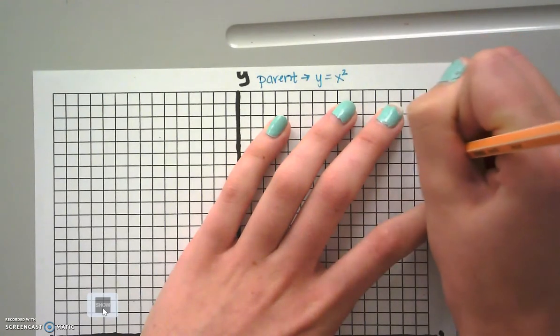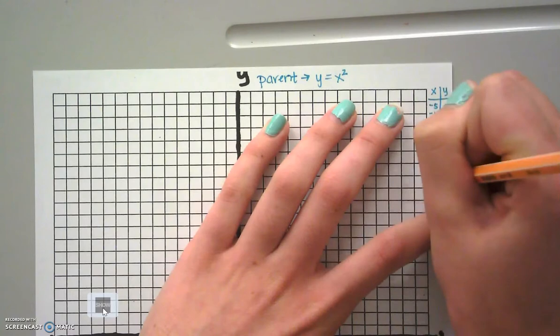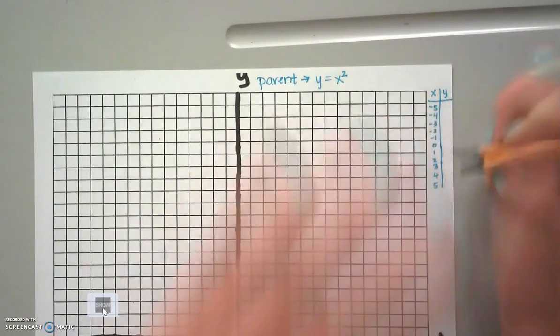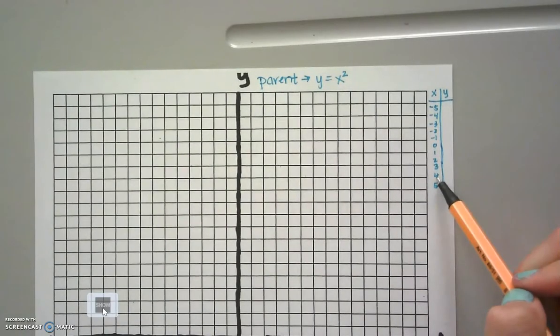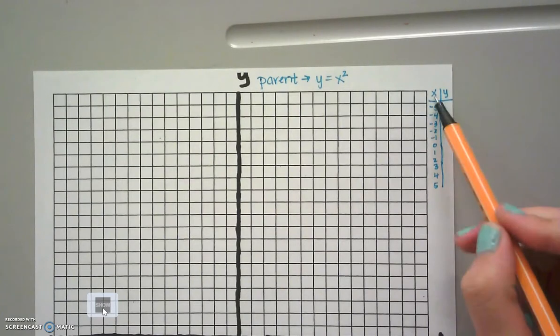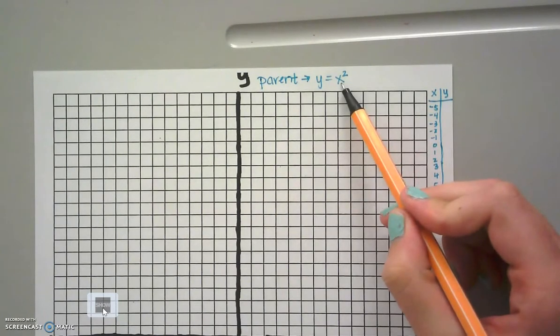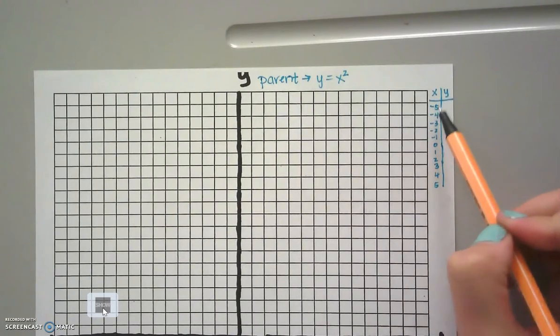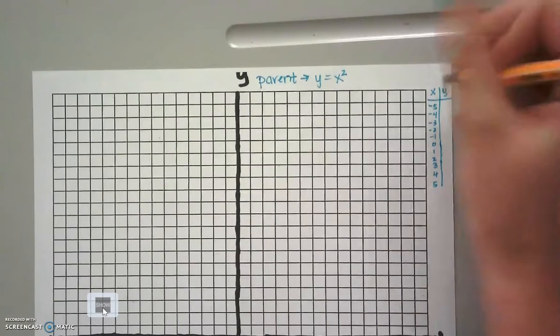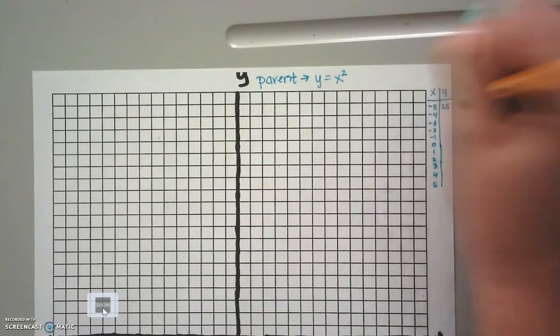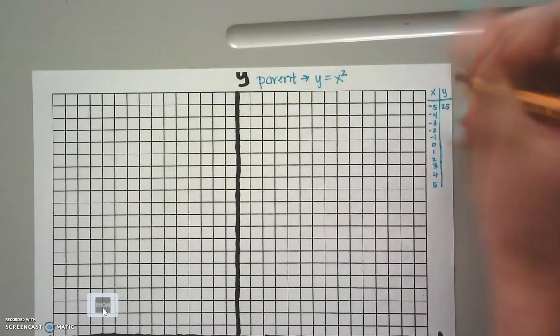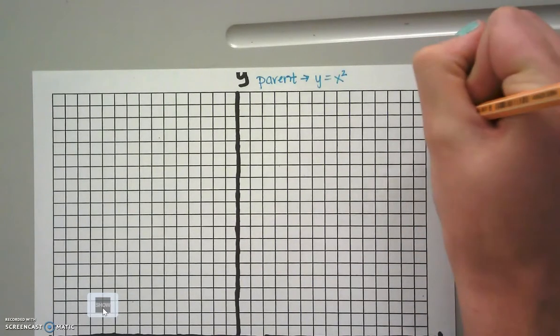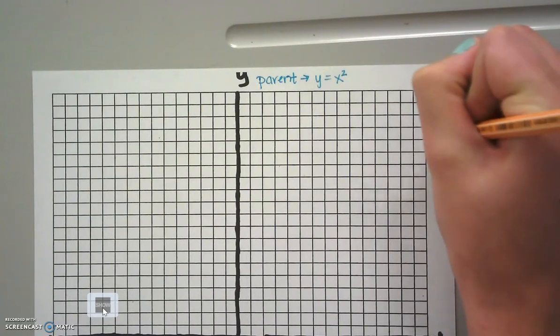We're just going to do a whole bunch to try and prove a point here. If these are x values, I am allowed to substitute x values in for x values. So what's -5 squared? That's 25. What's -4 squared? 16. And I can keep this pattern going.